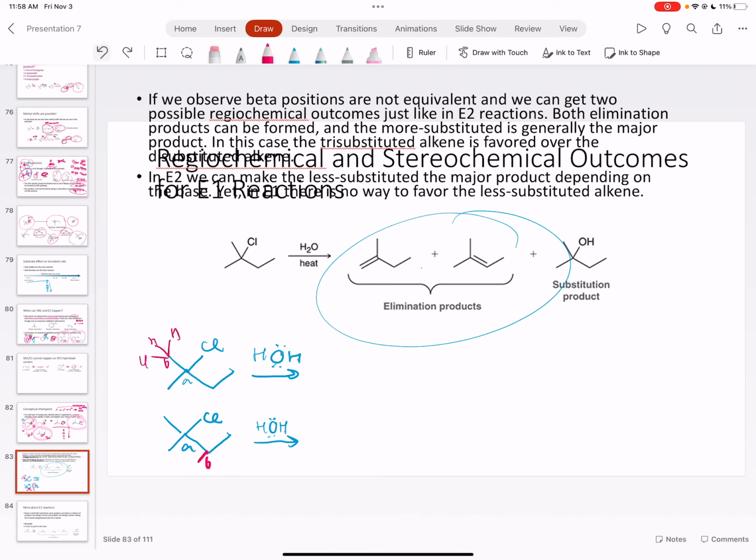Oh, but wait a second. We're doing E1 reactions. So then what we have to do first is the loss of a leaving group, right?